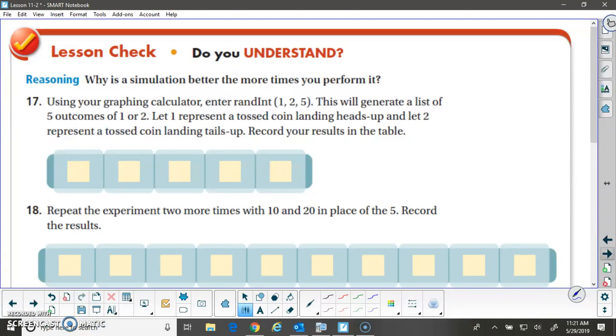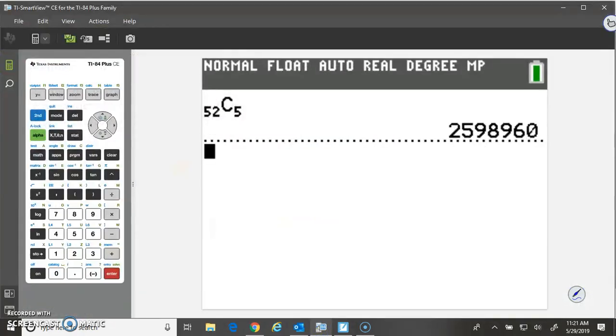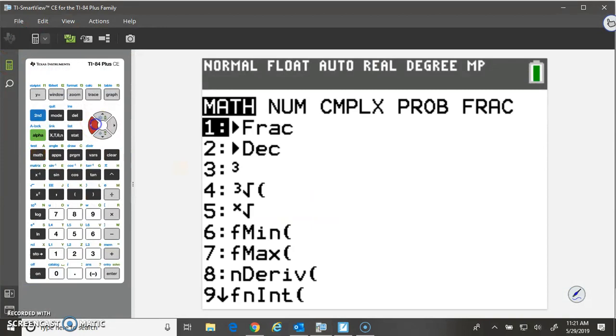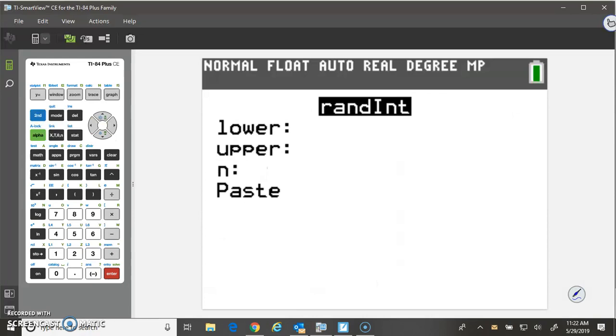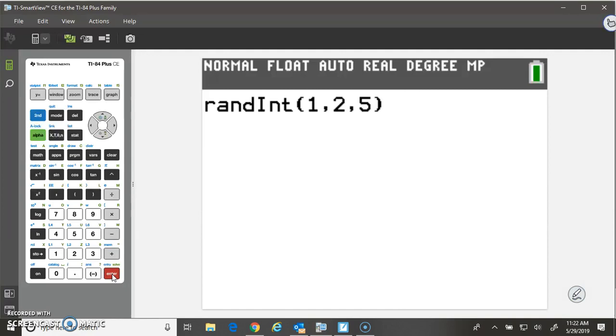We're going to do a simulation, and we're going to talk about why a simulation is better the more times you perform it. So number 17 says using your graphing calculator, enter random integer 1, 2, and 5. So on your calculator, if you go math and then go over to probability, go down to random integer, and we're going to use a 1 and a 2, and we're going to get 5 outcomes.